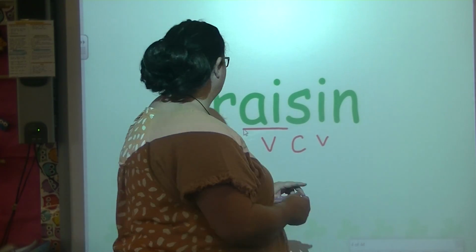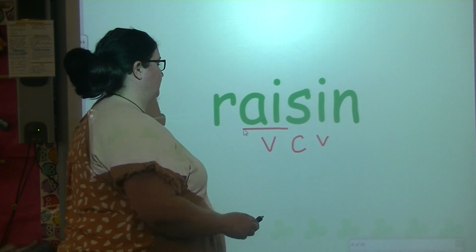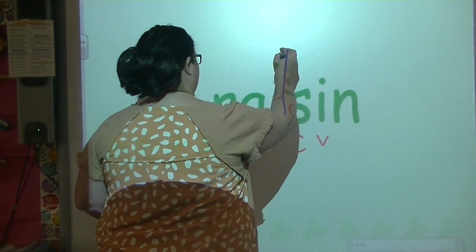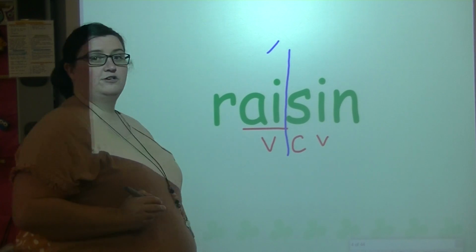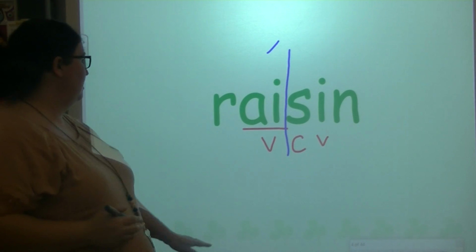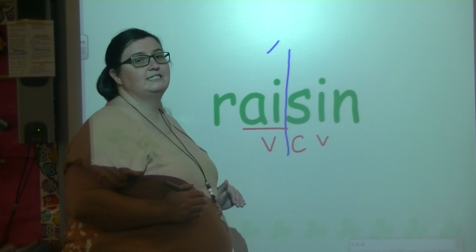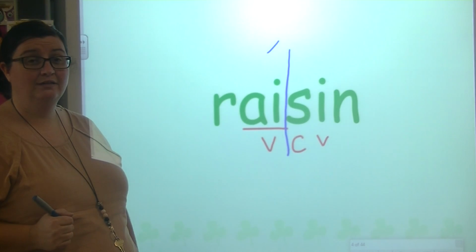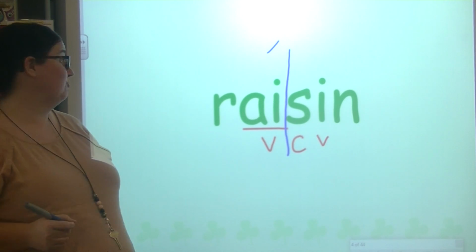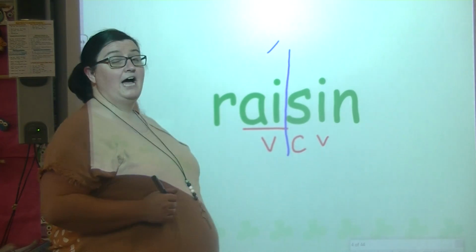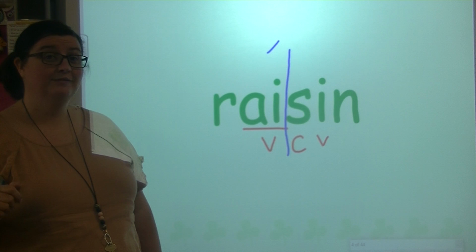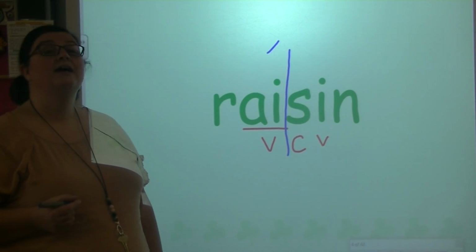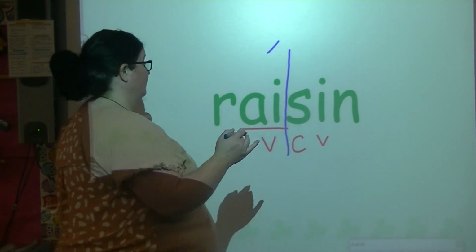Here, after the vowel. Accent is on that first syllable. What sound should our vowel make? It should make a long sound. Guys, does AI make a long sound? Yes, it does. What sound does it make? A. That's right.